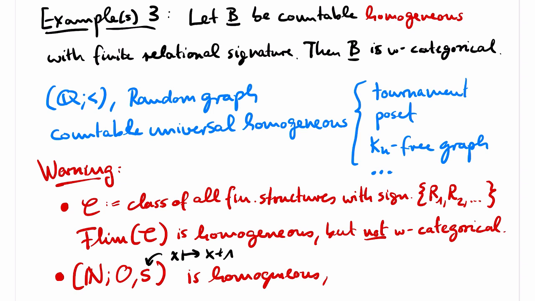It must fix any natural number. And clearly the identity map can be extended to an automorphism. So yes, this structure is homogeneous. But clearly the structure is not omega-categorical because it has infinitely many orbits of points.